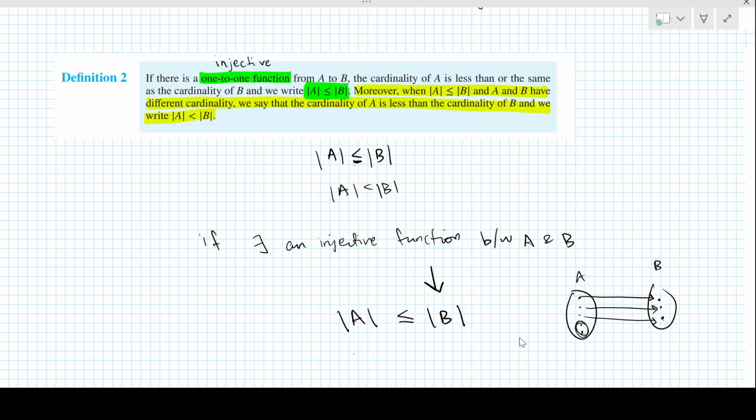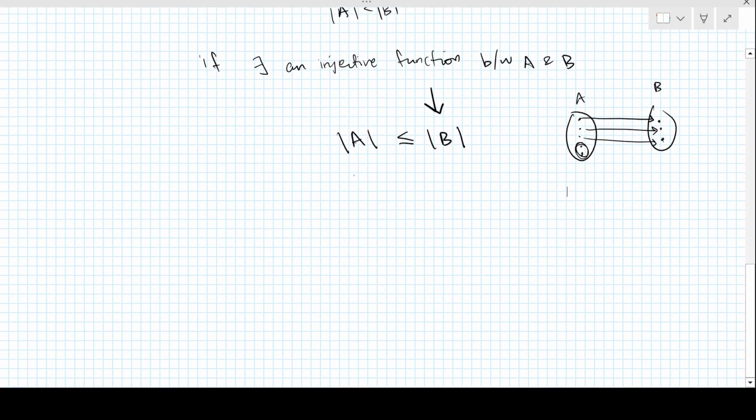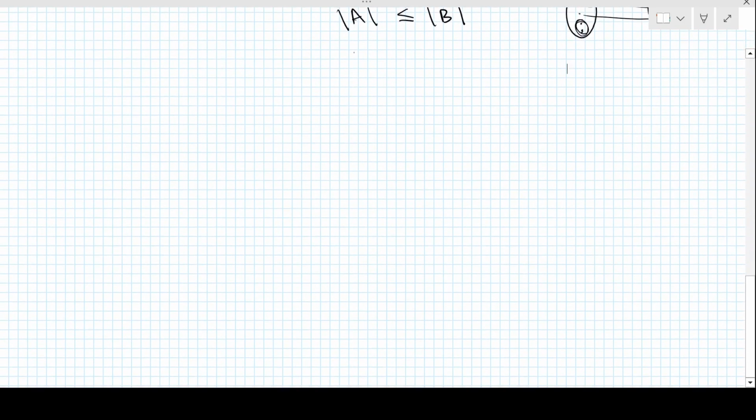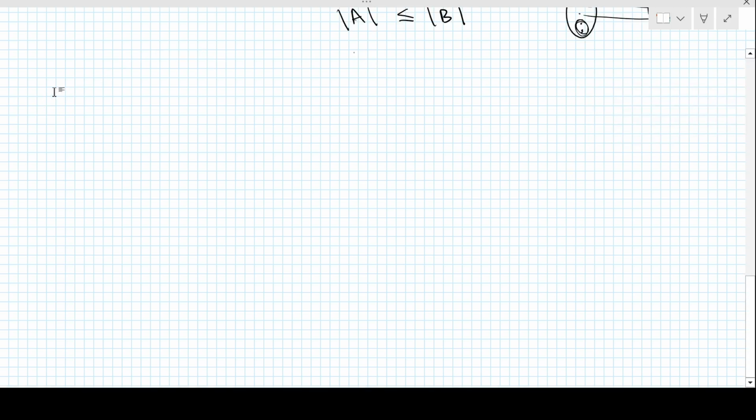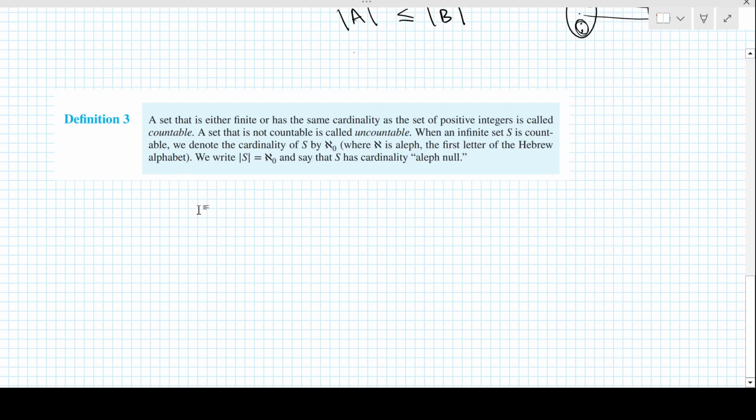Alright, that was the second thing you needed to know about cardinalities. Now let's go to the third one. So the third has to do with infinities now. What does it say? Let's read it out.